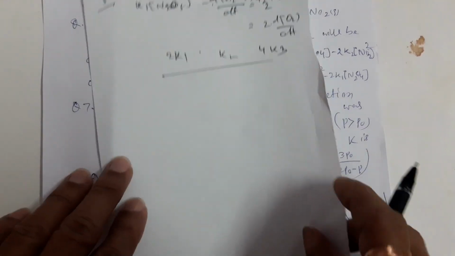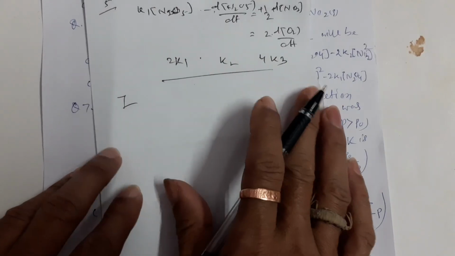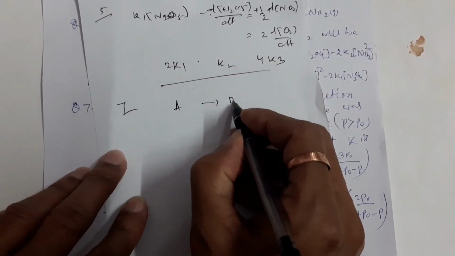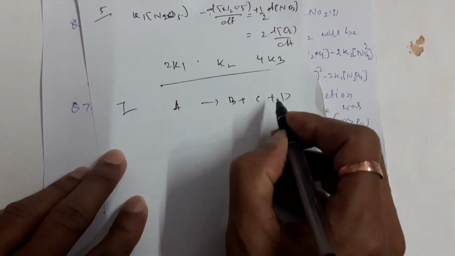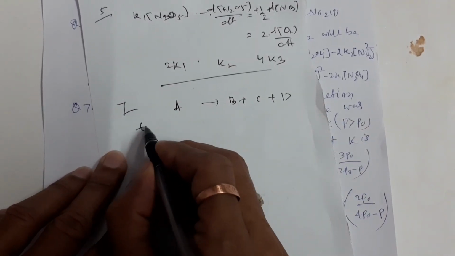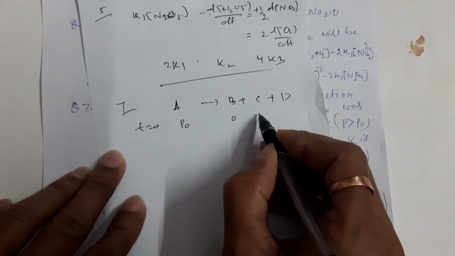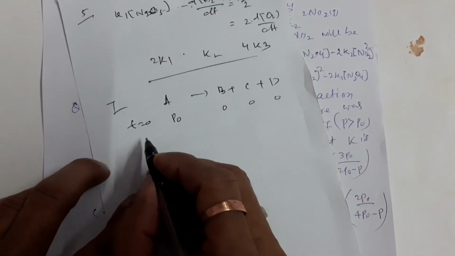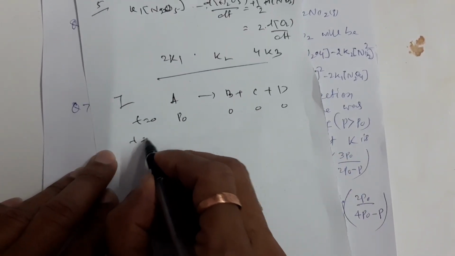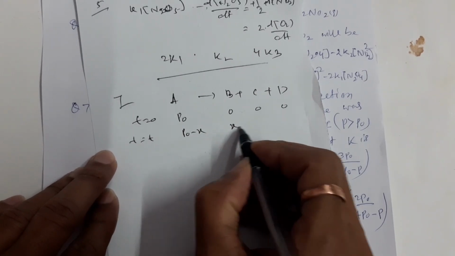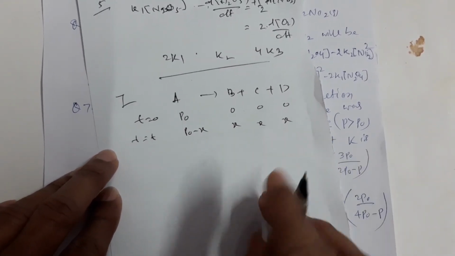Initially A to B plus C plus D. At t equals 0, this is P0, this is 0, this is 0, this is 0. After some time t, P0 minus x, this is x, this is x, and this is x.